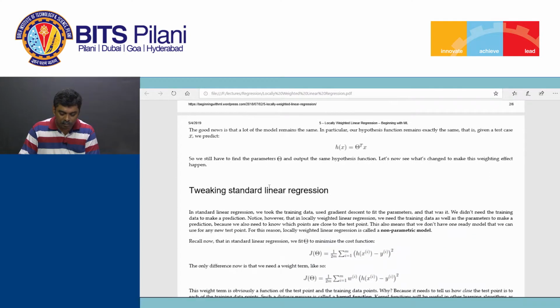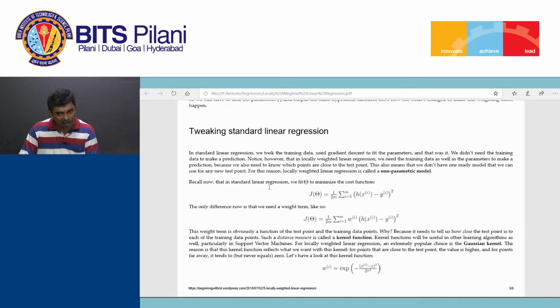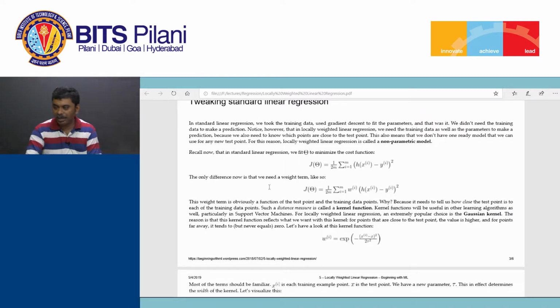Now, for a standard linear regression model, we know the loss function. This is common knowledge. Also, please know that thetas are parameters, so regression is a parametric model.